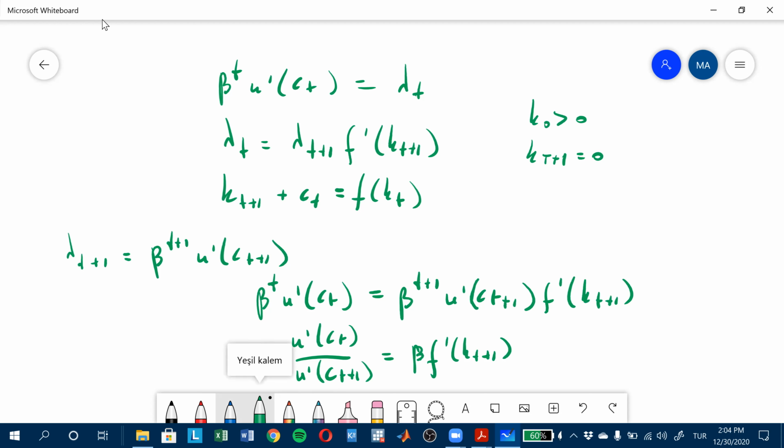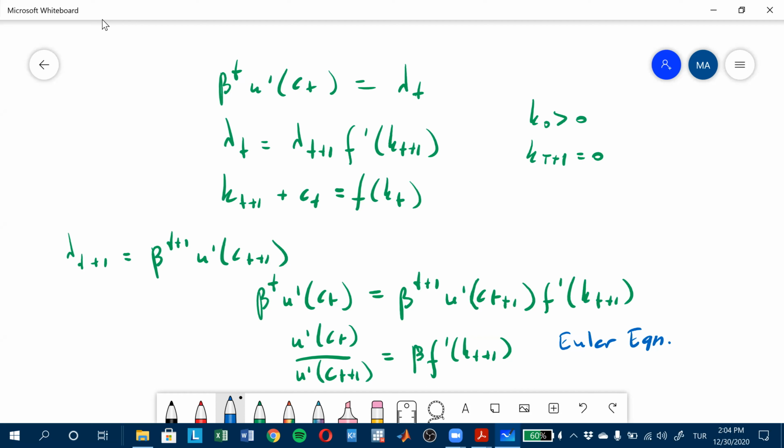So this is your Euler equation, right? It tells you how you can substitute today's and tomorrow's consumption. And once again, you are looking at the marginal productivity of capital and your discount factor.